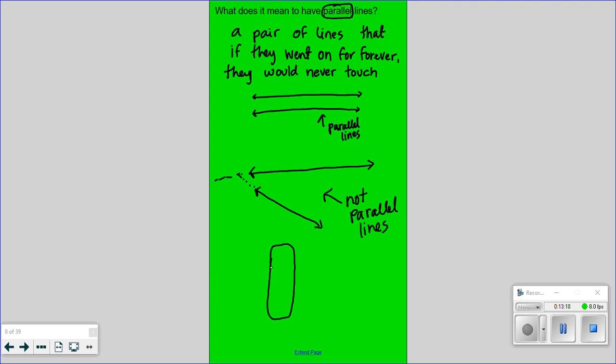Here's Claire's car, and here's the curb, right? Parallel parking to the curb. If that car went straight forever and ever and that sidewalk went straight forever and ever, would they ever run into each other? No. If you parallel park correctly, no.